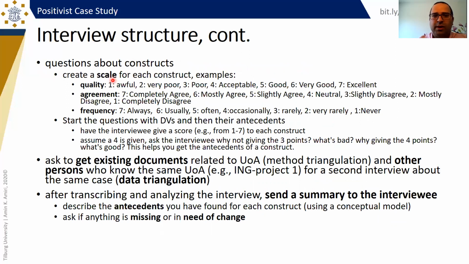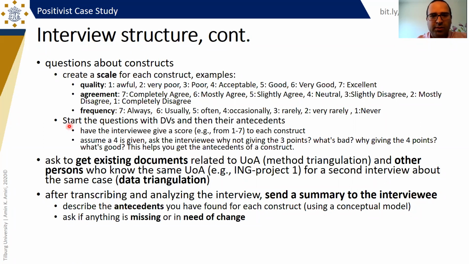You need to create a scale for each question. It can be a scale for quality from 1 to 7, or very poor, poor, excellent. It can be for agreement, completely agree to completely disagree, from 7 to 1. It's better to use a 1 to 7 scale. There are some statistical reasons behind that.